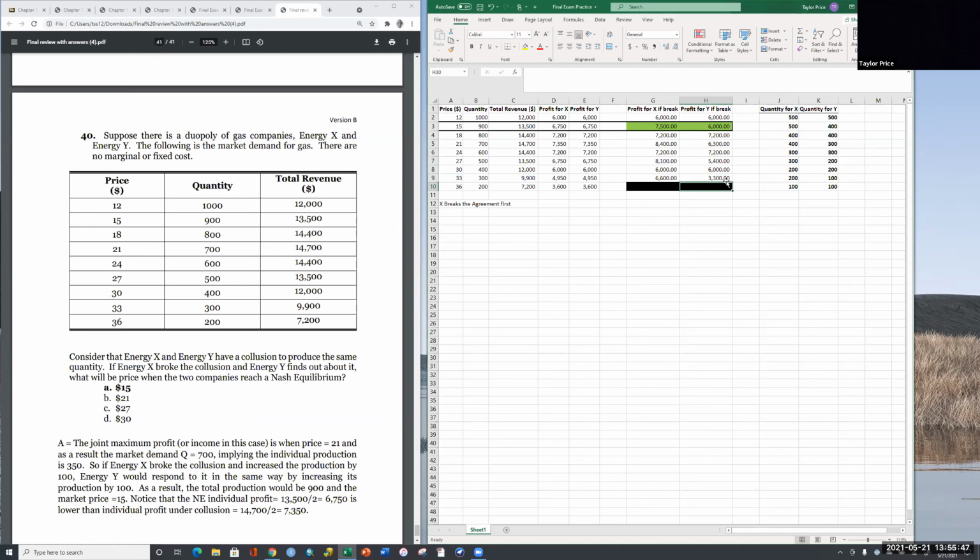You just continue that process until you arrive at the Nash equilibrium, where no one can be made better off if they cheat. And I will definitely post this and reference it to question 40.